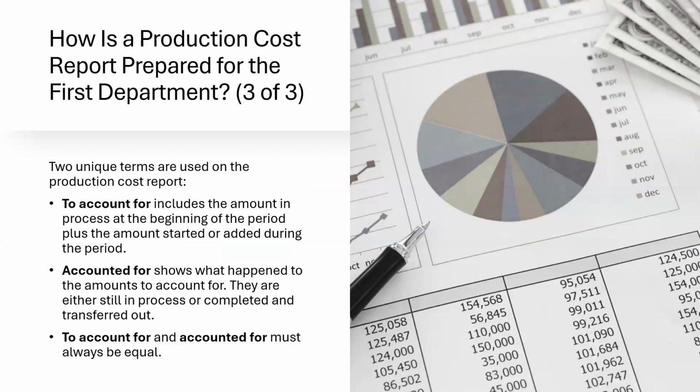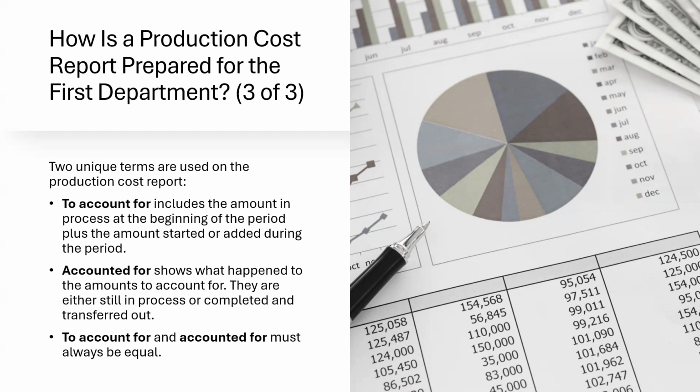Two unique terms are used on a production cost report. You have the "to account for," which includes the amount in process at the beginning of the period, plus the amount started or added during the period. Then you have the other term, "accounted for," which shows what happened to the amounts to account for.